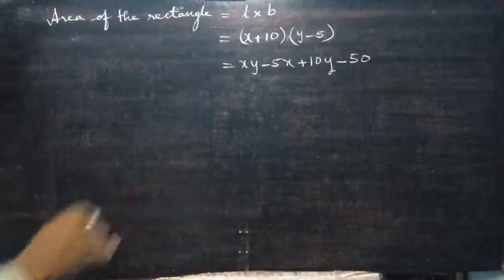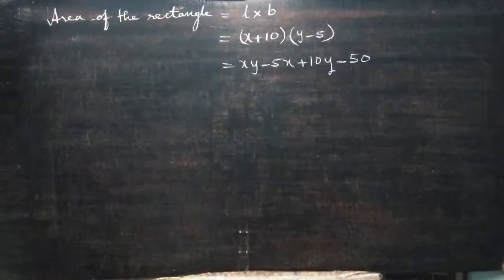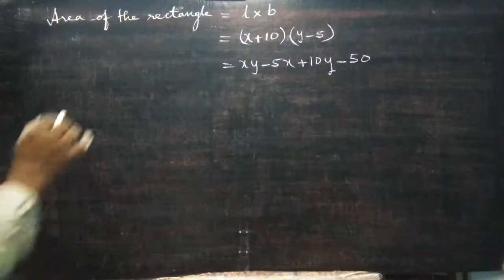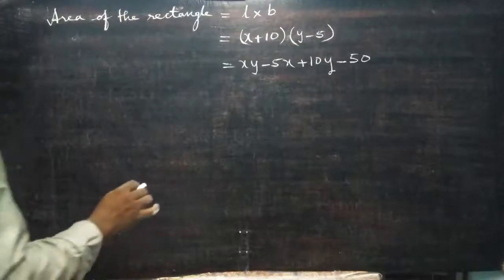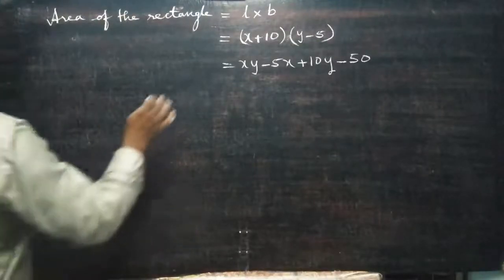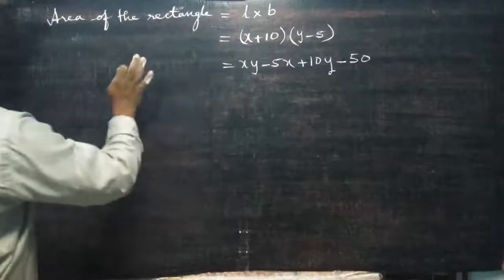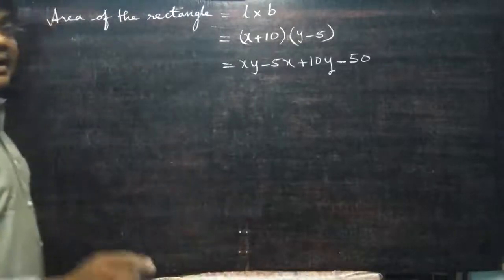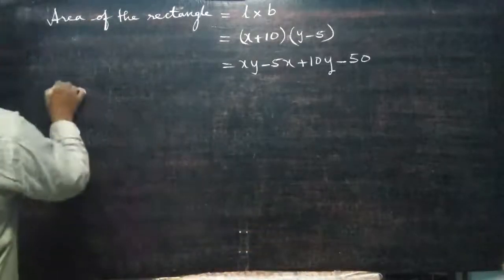So this is the area of the rectangle after changing the dimensions. Now we will compare what they told. The area remains unchanged.